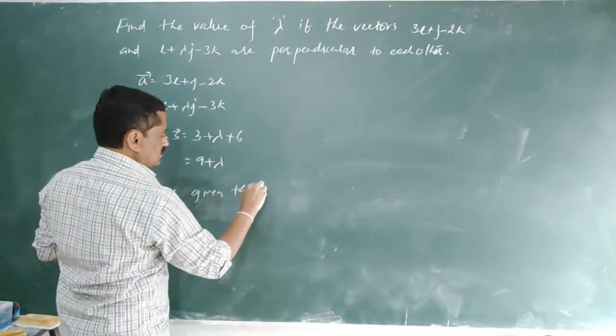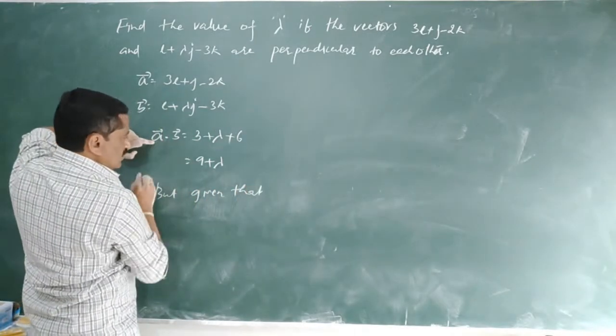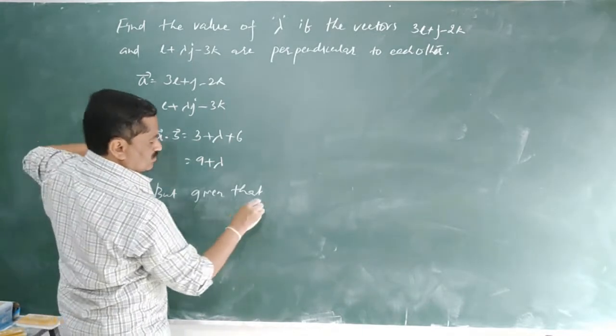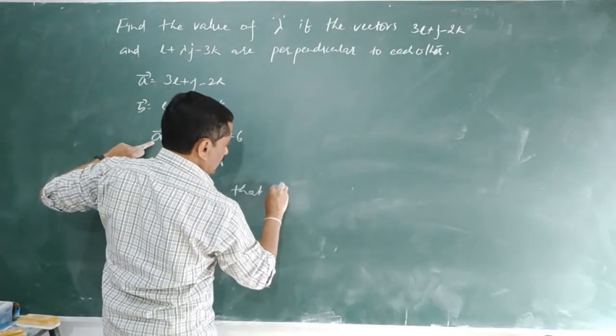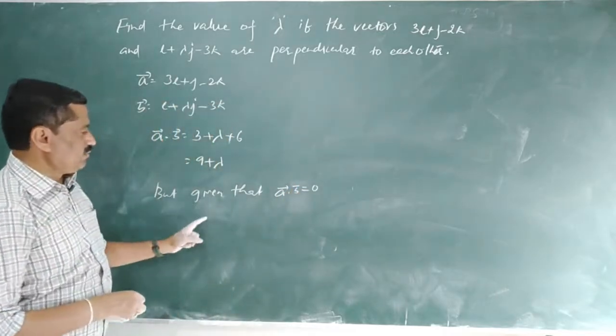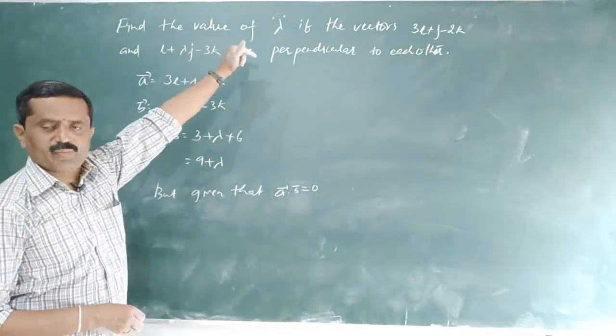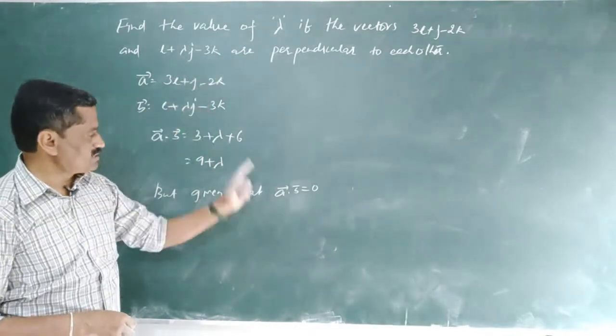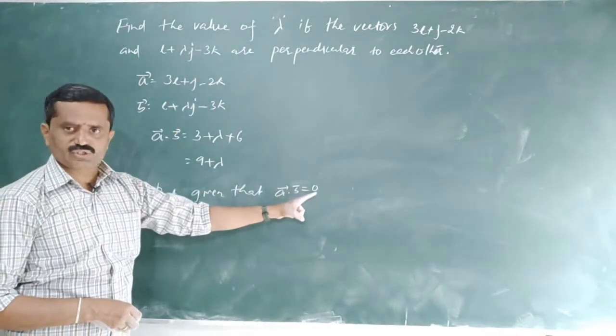But given that the dot product of two vectors is 0, that is, a bar dot b bar is equal to 0, he has given that the two vectors are perpendicular to each other, that means the dot product of two vectors is equal to 0.